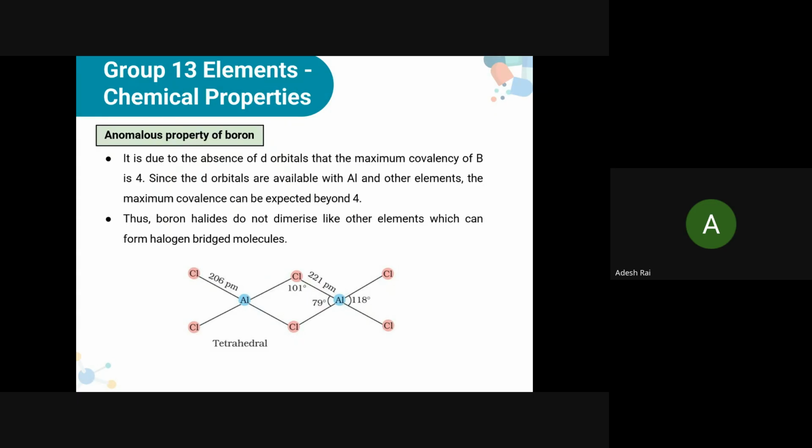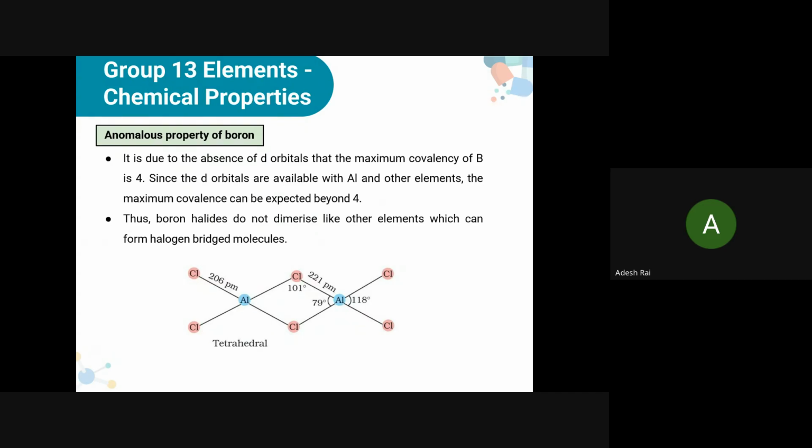Thus, boron halides do not dimerize like other elements, which can form halogen-bridged molecules. Basically, it is telling us that except for boron trihalides, all other trihalides can show dimerization. Then what is the logic for why boron can't show dimerization? There are two reasons. First of all, its covalency is 4 only. It can't exceed 4, right?